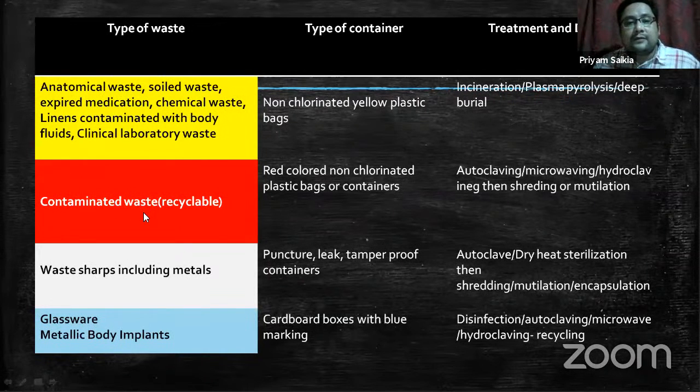Contaminated recyclable waste like plastic tubing should be stored in red colored non-chlorinated plastic bags and containers. Waste sharps, including metals, should be stored in white translucent puncture-proof, leak-proof and tamper-proof containers, and subsequently taken for treatment and disposal. And glassware and metallic body implants should be kept in cardboard boxes with blue markings.